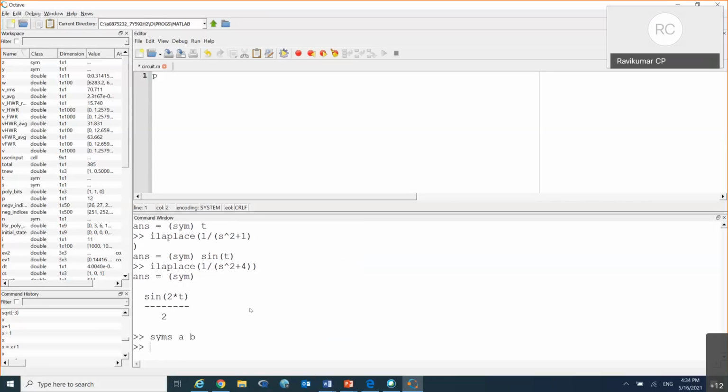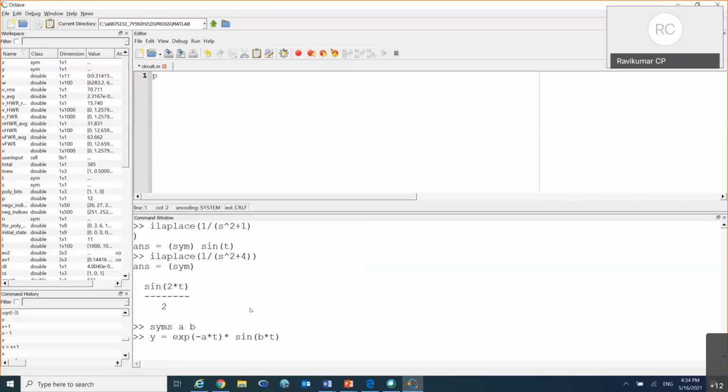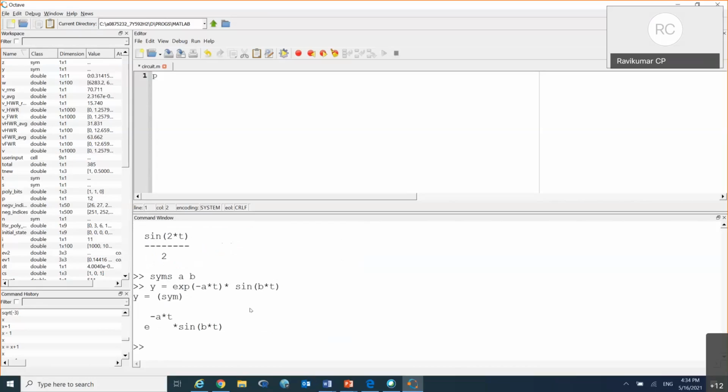I declare y as the exponential of minus a times t times sine of bt. So I have declared this as a function. Now I can say substitute in y a equal to 1. So I have substituted a equal to 10. Similarly, I can say substitute y b, let us say 2.